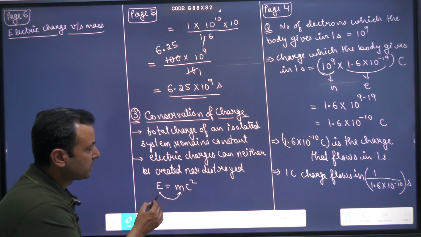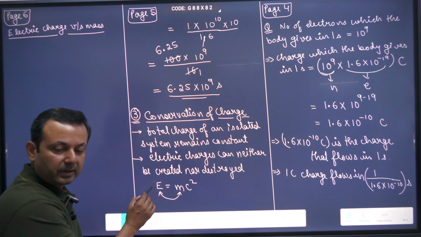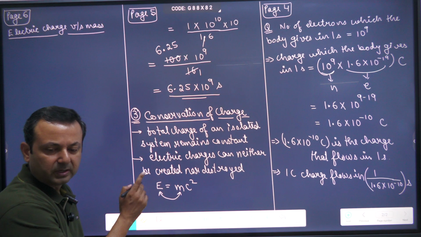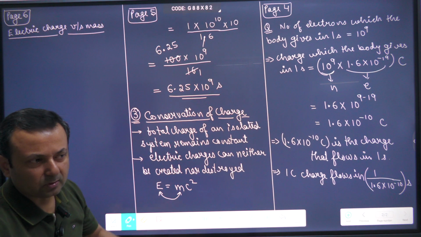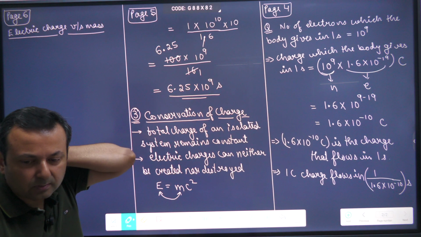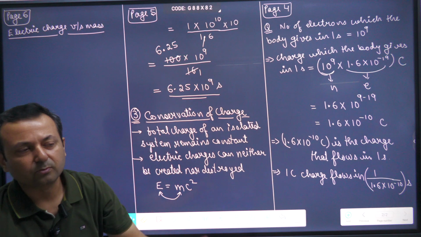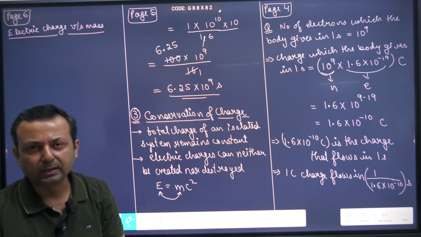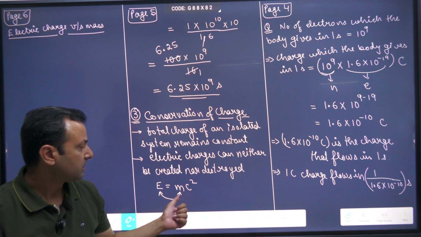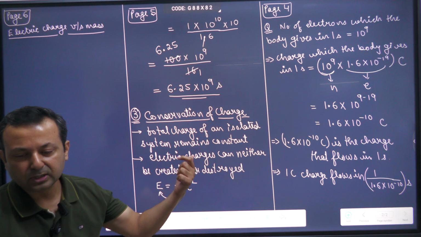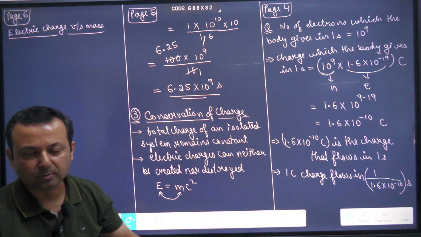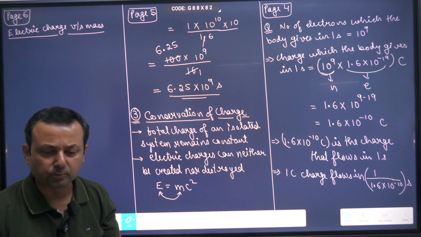Energy also depends upon velocity. If we are talking about the energy of anything which can move, then we are talking about kinetic energy. So if velocity or energy increases, then the mass of the body also increases. This happens actually in space.